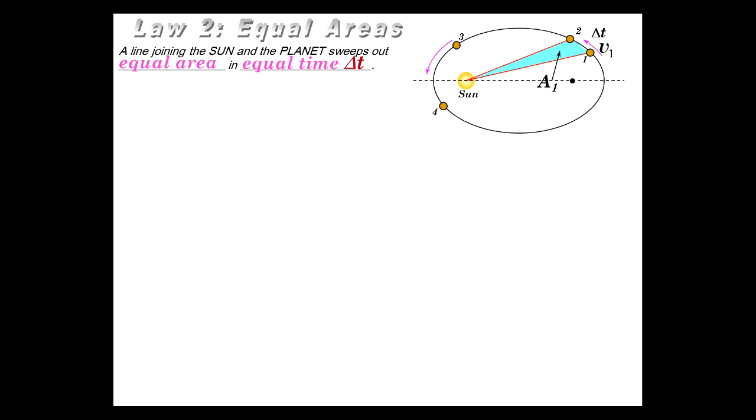Later on then, from positions 3 to 4, the same delta t, if we connect those lines and look at the area, namely call it A2, you'll notice that the planet's moving faster here. But what about the area here versus here? The amazing thing is that Kepler discovered the areas were the same. And that's true no matter in what segment of the orbit we're talking about.